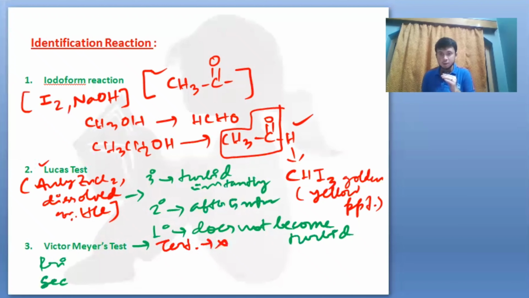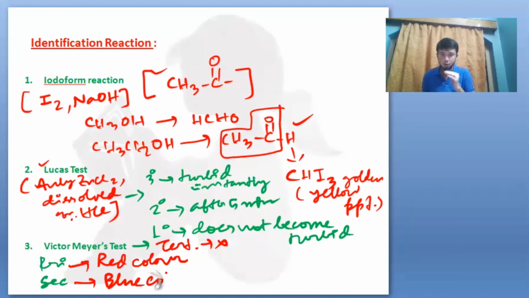So if the Victor Meyer test is negative, you can guess it is a tertiary or 3-degree alcohol. Now, how do we differentiate primary from secondary? If it is primary alcohol, then in the Victor Meyer test it gives red color, and if it is secondary alcohol, then it gives blue color. So that's how we differentiate it. Okay.